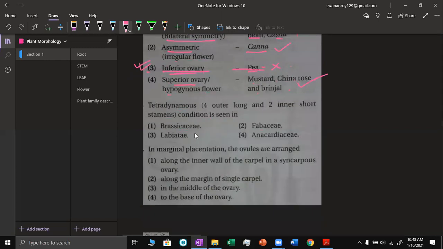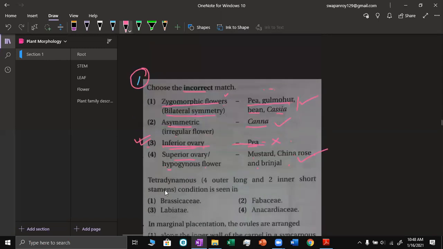Next question: Tetradynamous condition, that is four long and two short stamens.